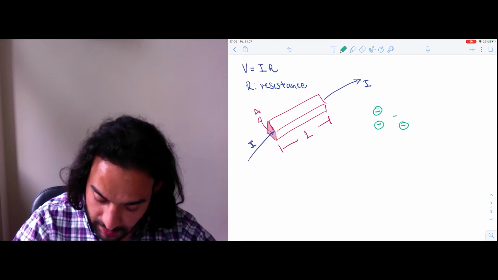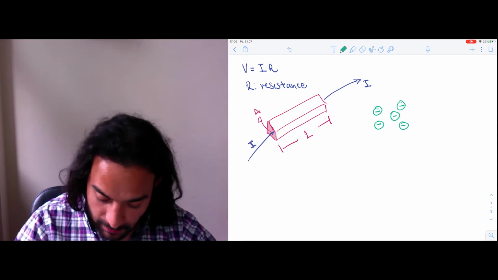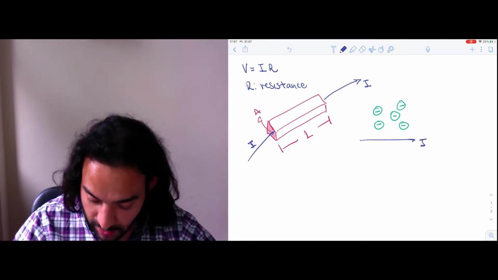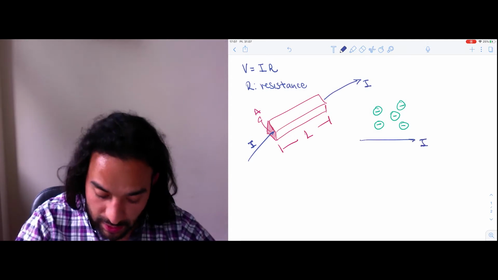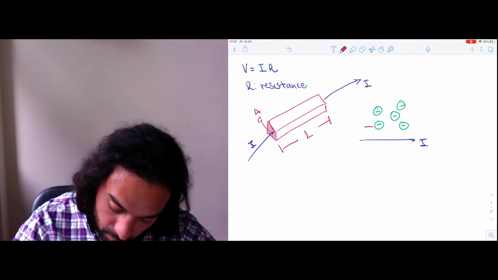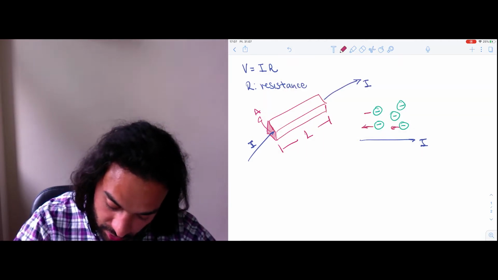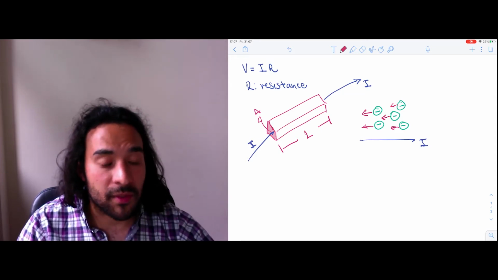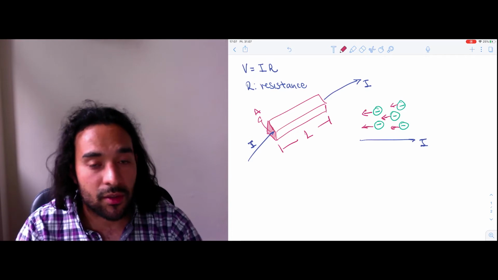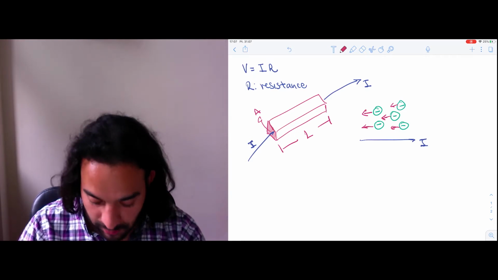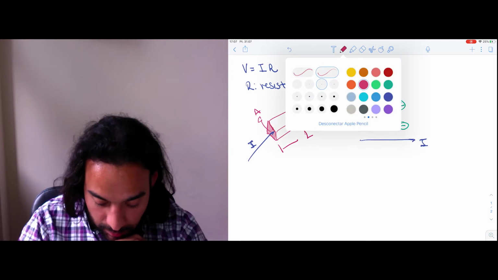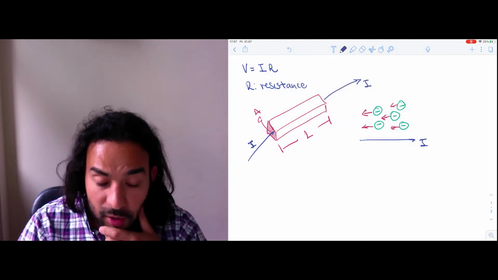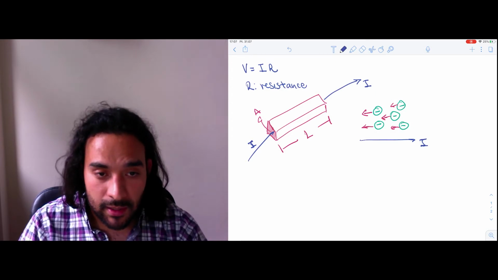It means that these electrons are moving in the opposite direction of the current, and this is simply because of a convention. If the current is going to the right, the electrons are going to the left. There is no particular reason why it's like that, but that's the convention that people usually assume.